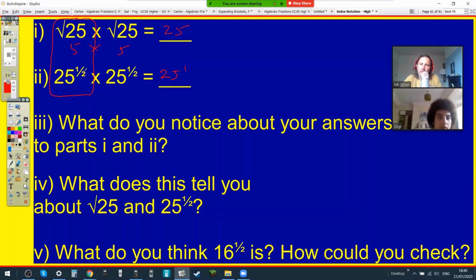So 25 to the half is the same as square root 25. What do you think 16 to the half is the same as? Square root of 16. Yep. And what is square root of 16? 4. Yep. And so anything to the power of a half is the square root of that thing.